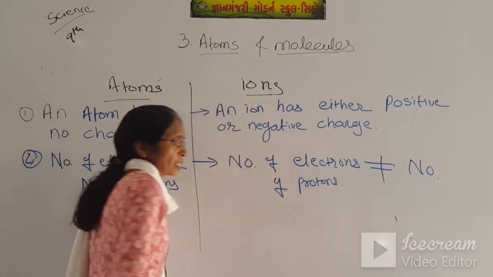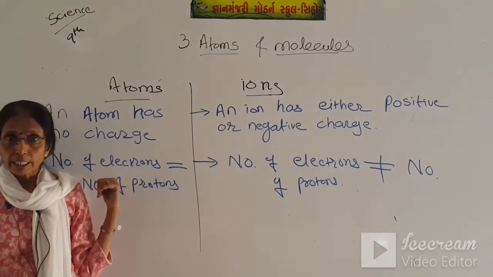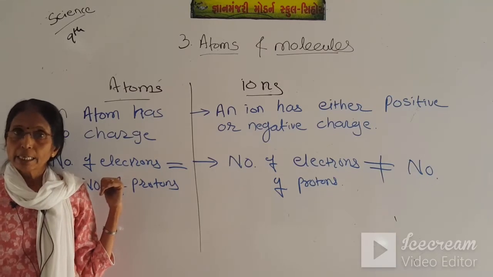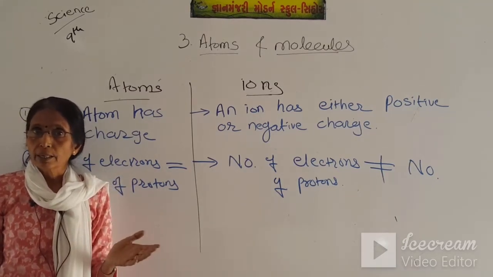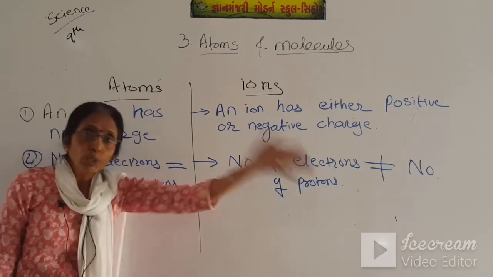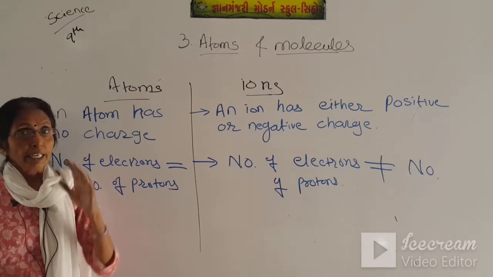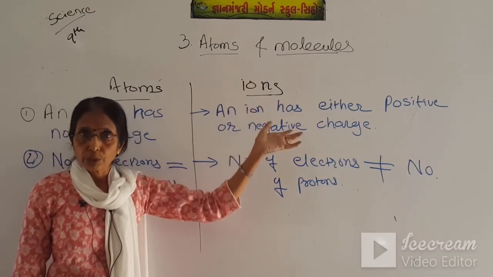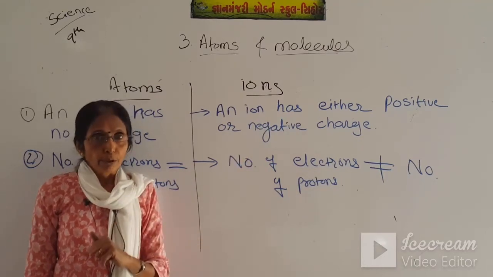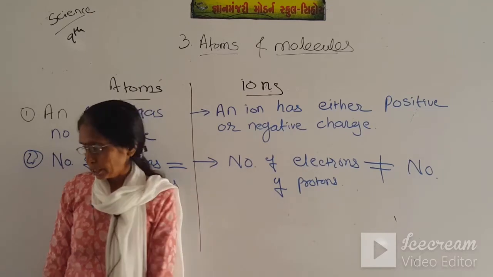Students, protons possess positive charge, electrons possess negative charge, but here they are electrically balanced, therefore the number of protons and the number of electrons are equal. But when this atom loses or gains electrons, then it achieves a charge, either positive or negative, and at that time the number of protons and electrons are not equal in an ion.